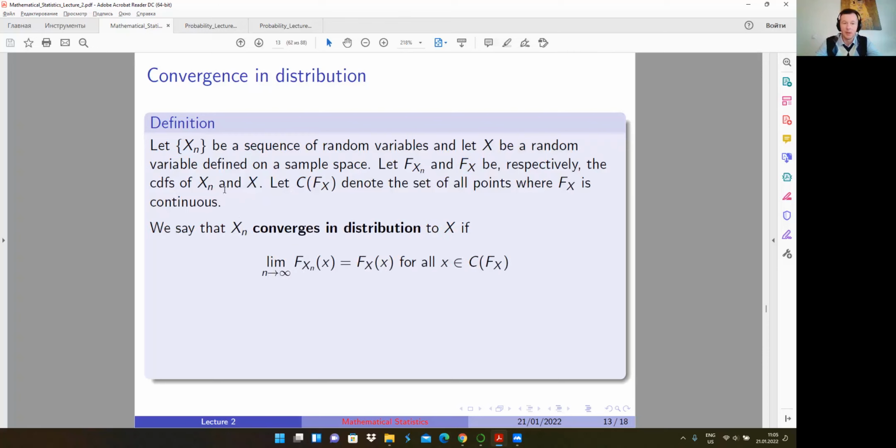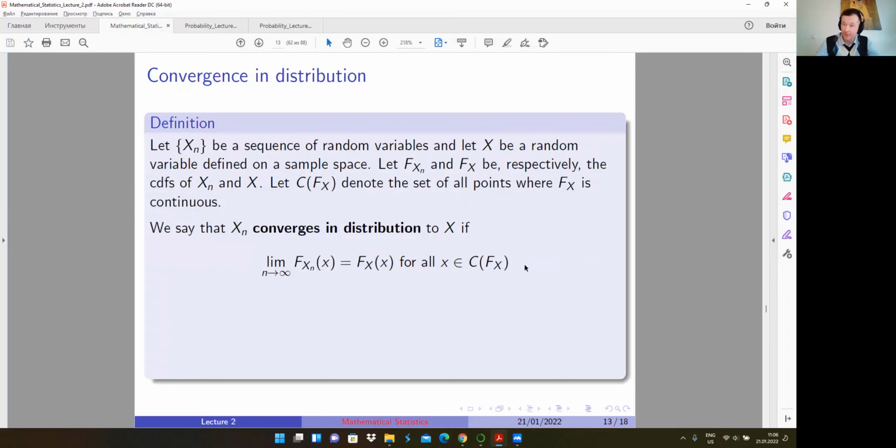So now, we introduce the concept of convergence in distribution, which means the following. The limit of the cumulative distribution function of this sequence as n goes to infinity equals the cumulative distribution function of this random variable X, for all values of x that belong to the set where this CDF is continuous.